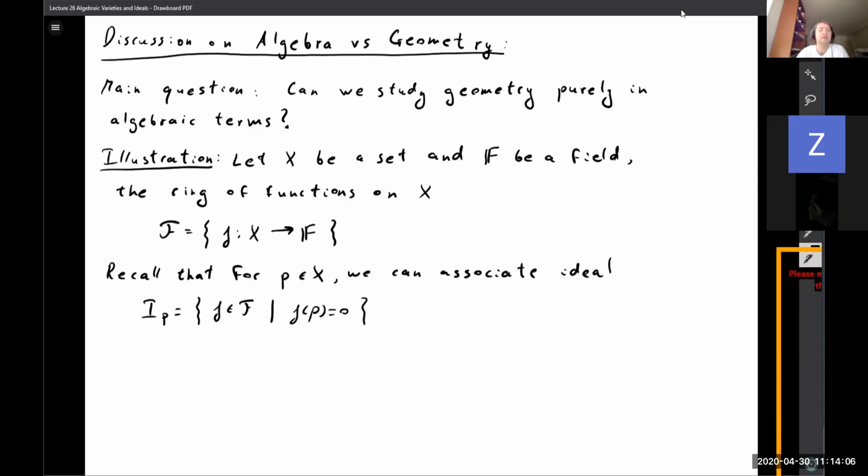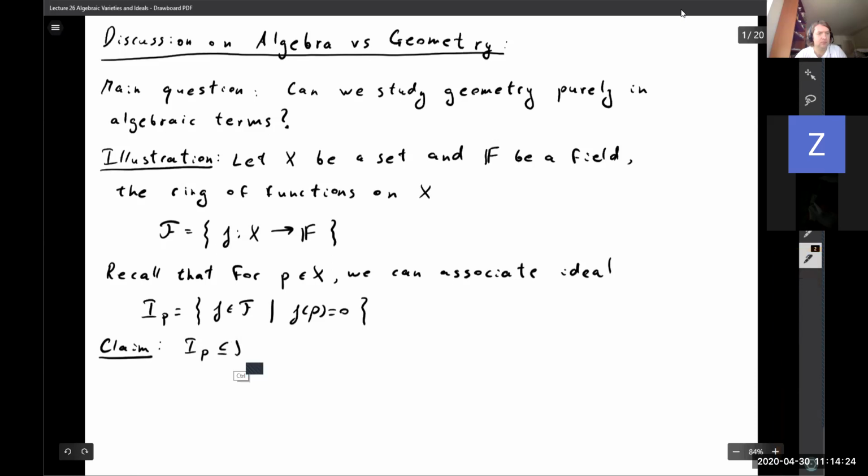Well, now the claim is that this ideal is actually maximal. Claim: I_P in the ring of functions F is a maximal ideal.